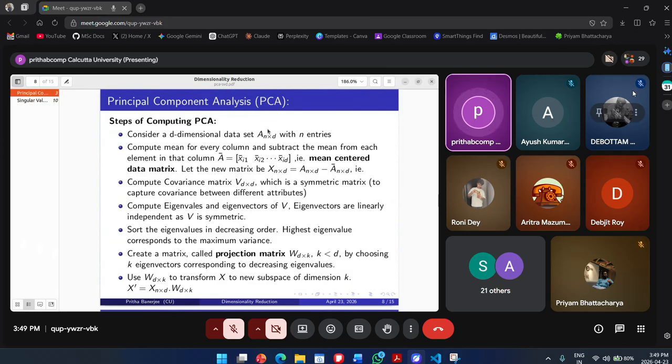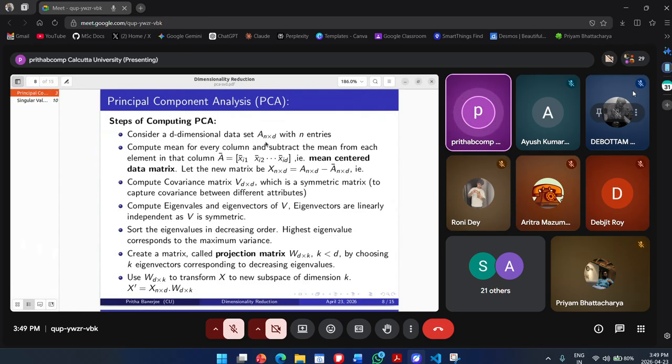Okay, so now again, let's come back to the principal component analysis steps. So consider this d-dimensional data set. Essentially we have tried to maximize the variance, although our main intention was minimizing the distance of all points to a unit vector line.